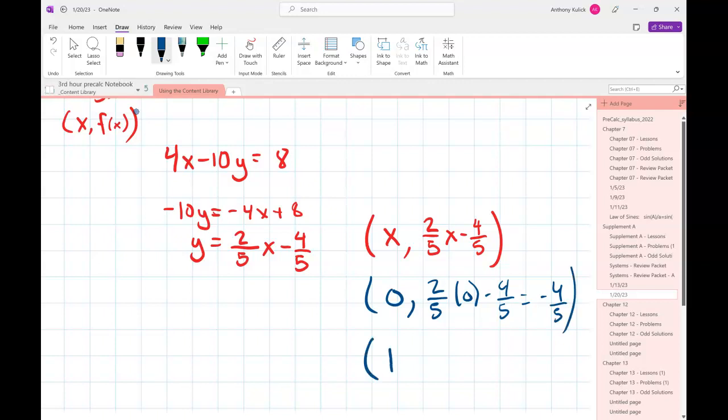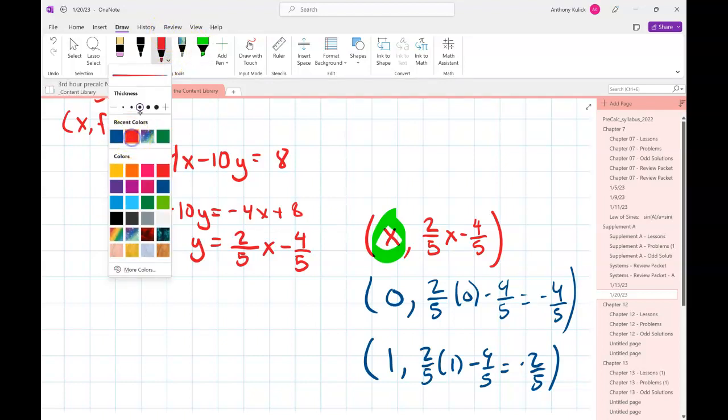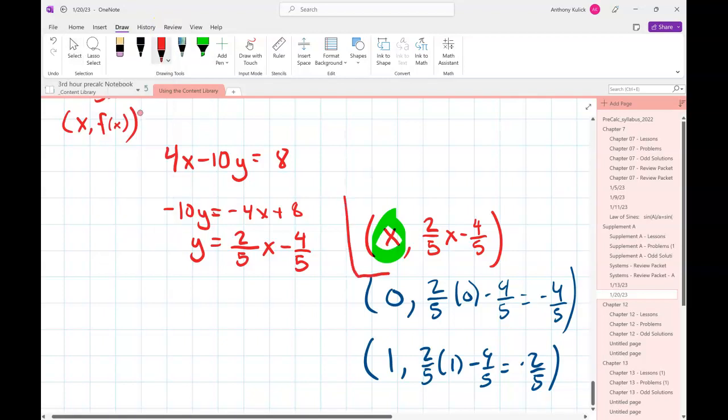Or if x is 1, then y would be negative 2/5. And since I have infinitely many choices for x, I'm going to have infinitely many unique points. So this is a way to write that general form for my infinitely many solutions.